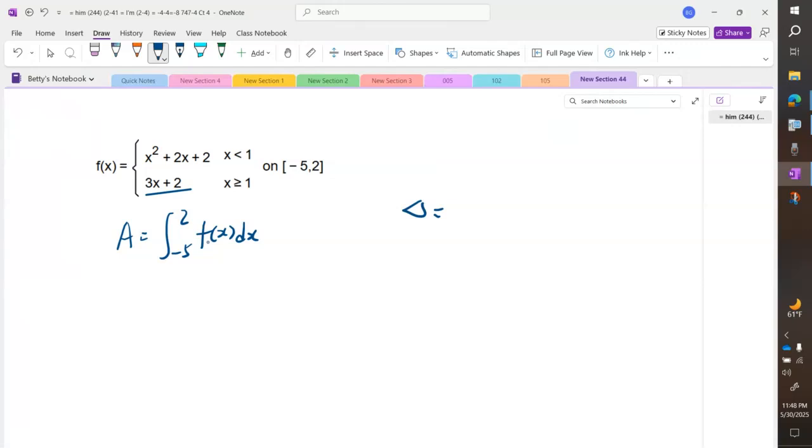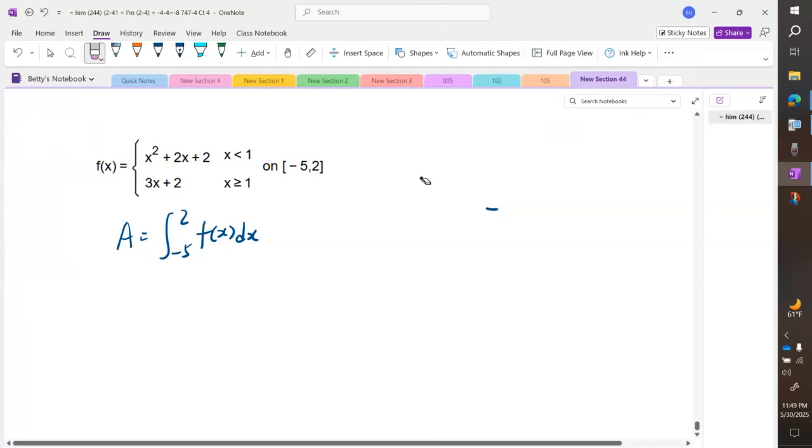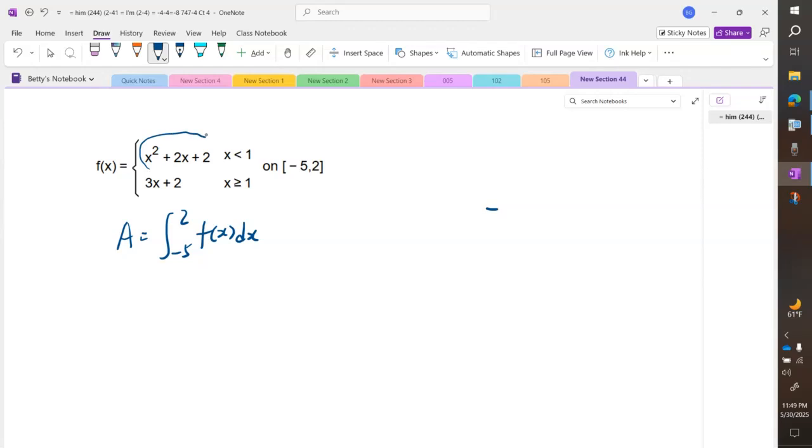and it's also positive, so yes, we can do that. The important thing is we know this function is positive, and this is also positive over the corresponding interval.